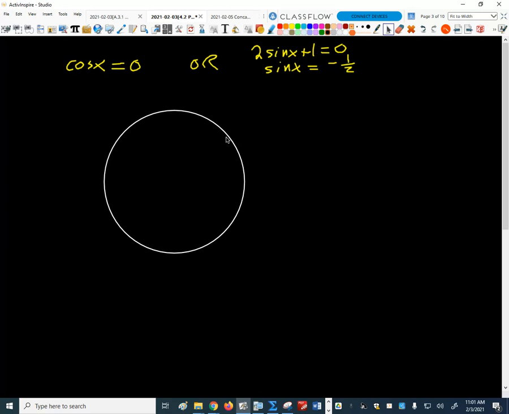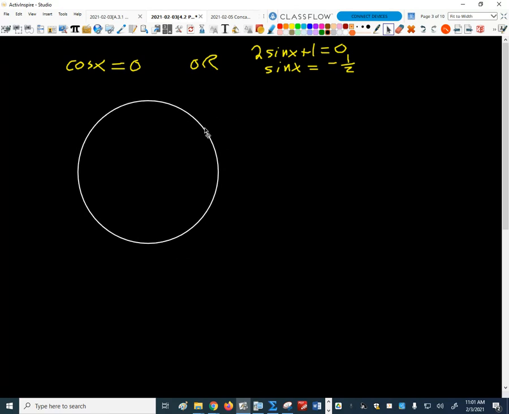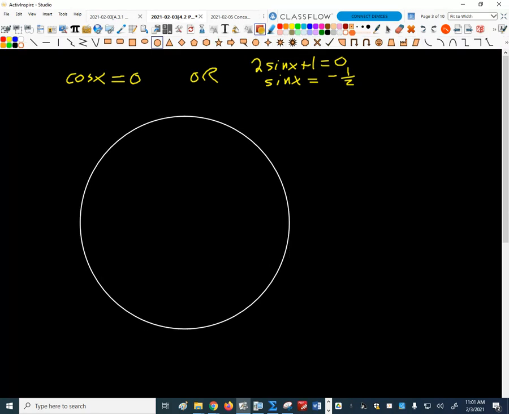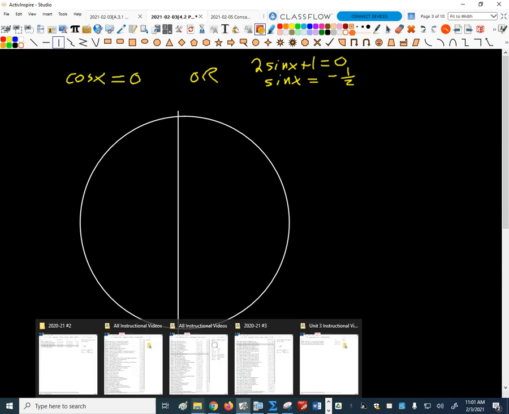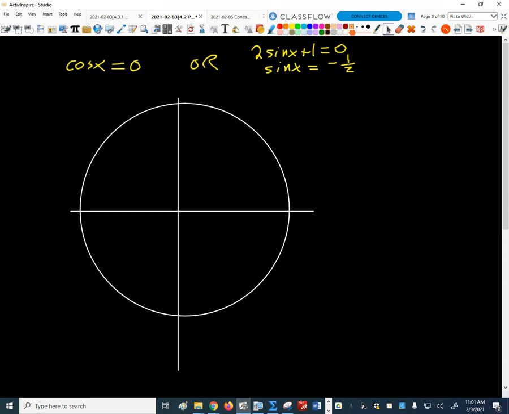Okay, so those are our two conditions, right, for zero derivative. So let's look on our unit circle where that's going to happen. Can you guys draw straight lines like that? I bet you can't.